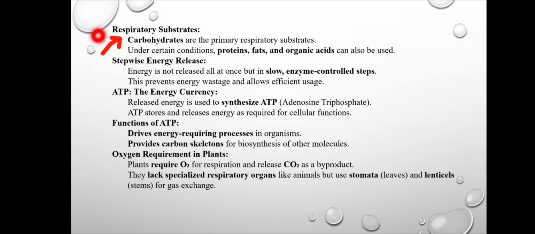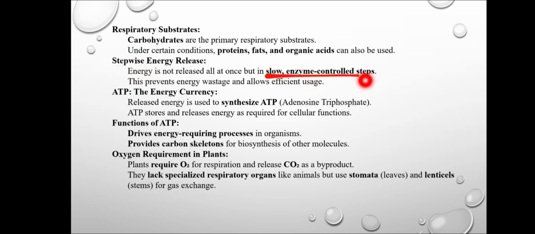These four molecules, carbohydrate, protein, fat and organic acid, can act as a respiratory substrate. Out of these four, carbohydrate is the primary respiratory substrate, and among carbohydrates, glucose is the most common respiratory substrate.